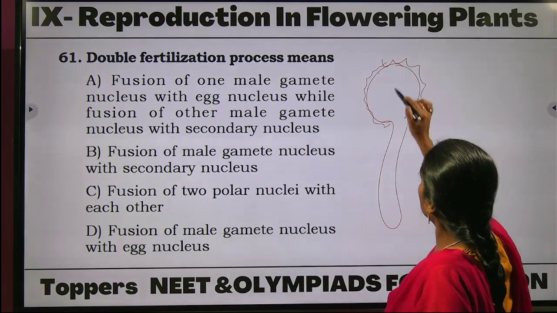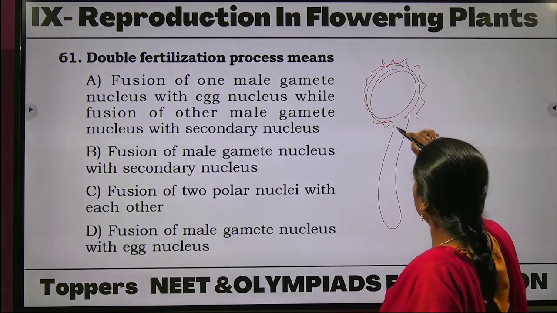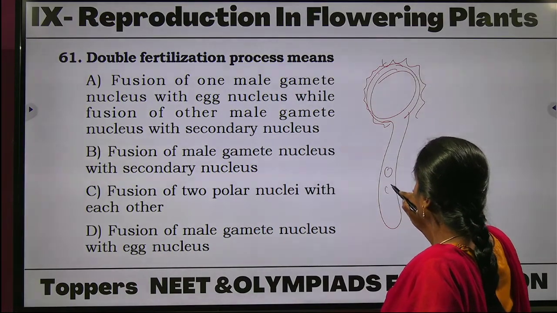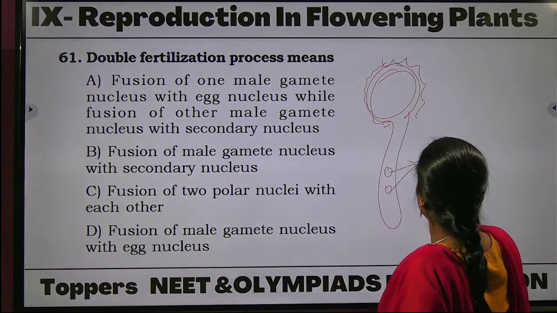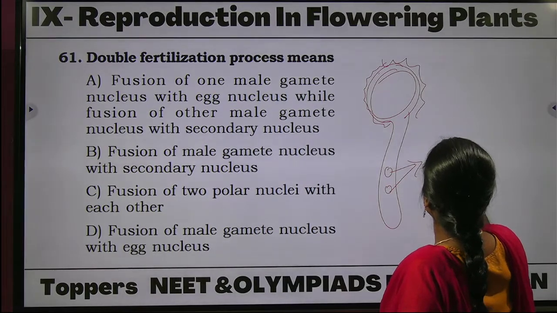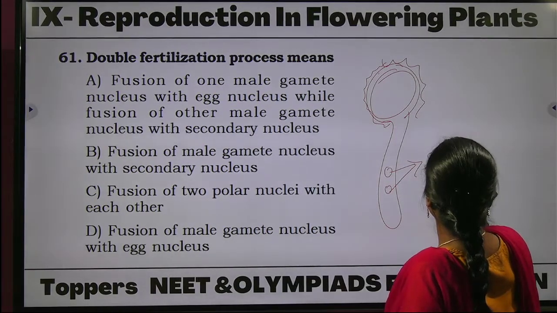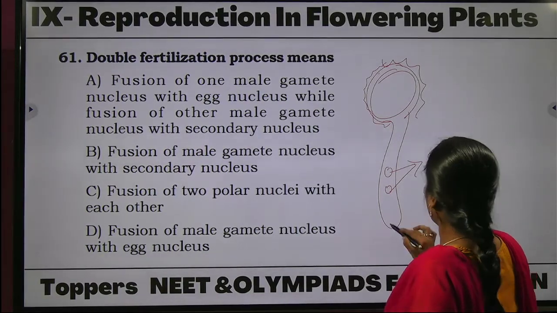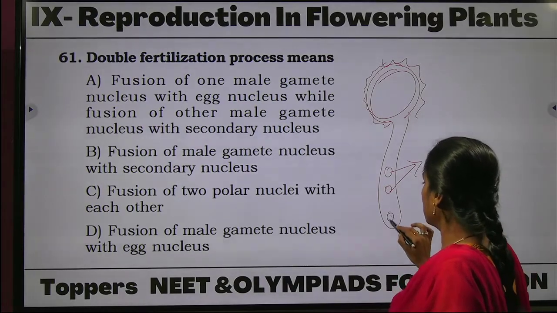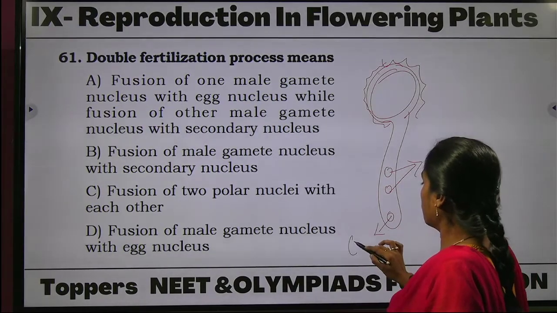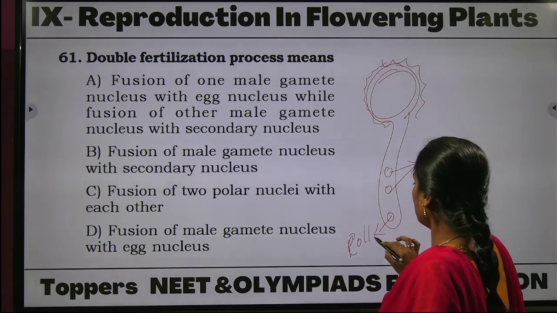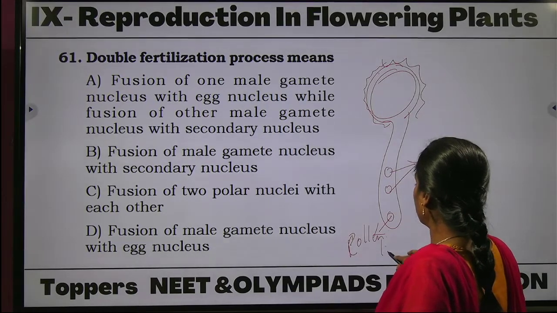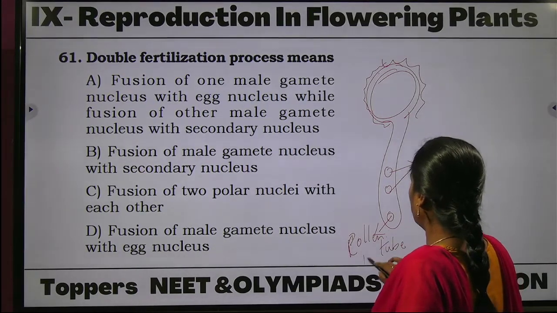Here we can observe the complete cytoplasm and we can observe the 2 sperm cells with 2 nuclei and 1 more nucleus, the pollen tube nucleus.